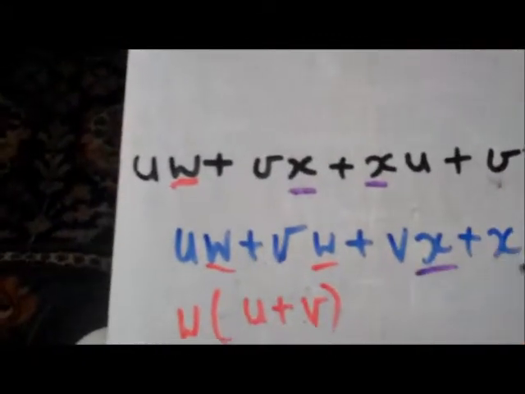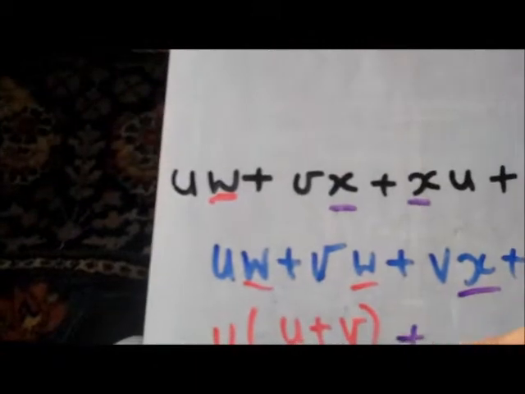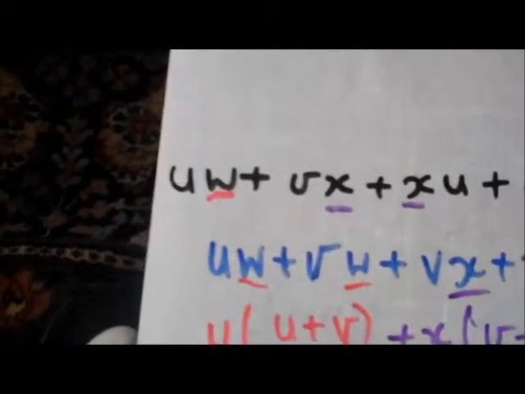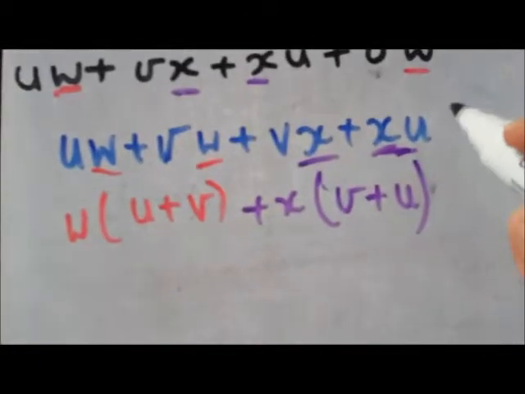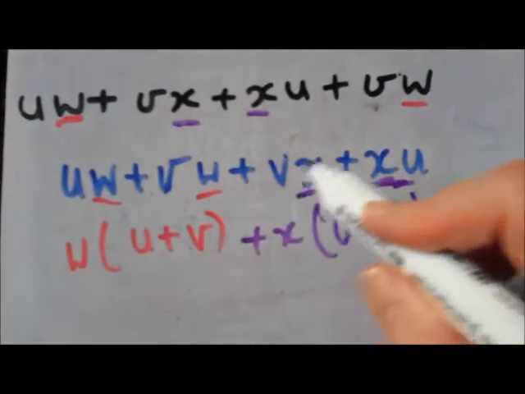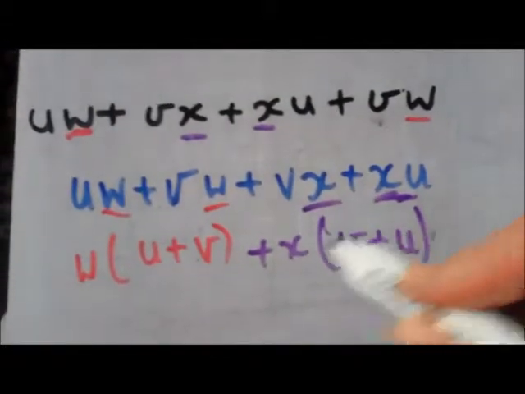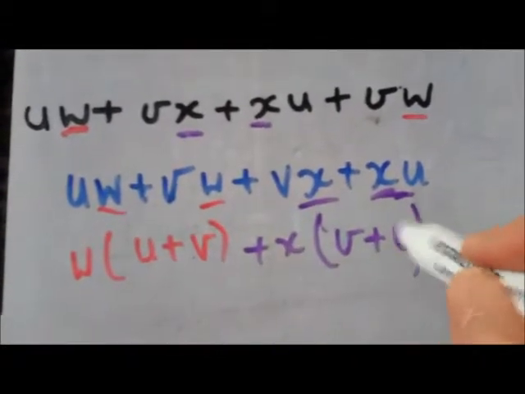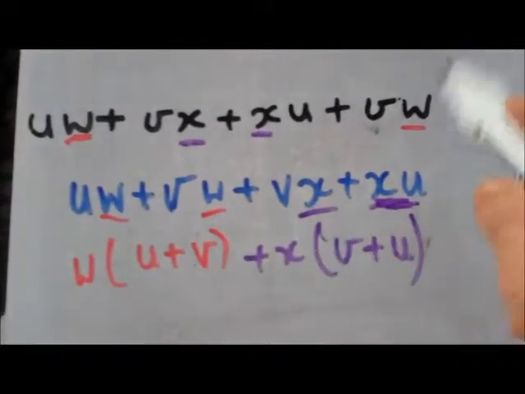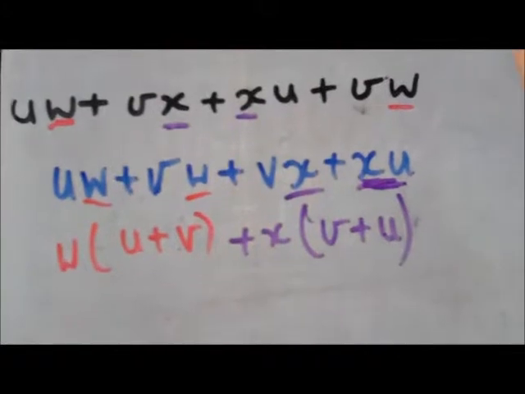Let's have a look. X and x. So I've got plus x times v plus u. So here, x times v times x makes no difference, and x times u is xu here. So now, what's the common factor?